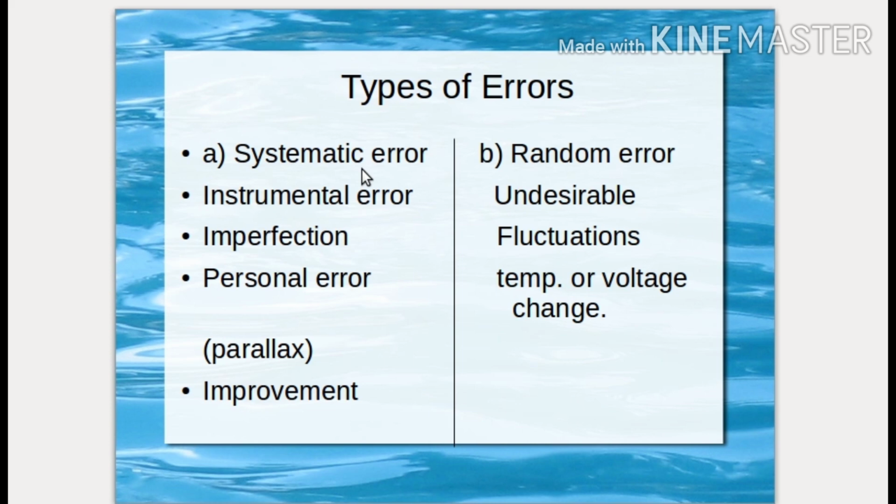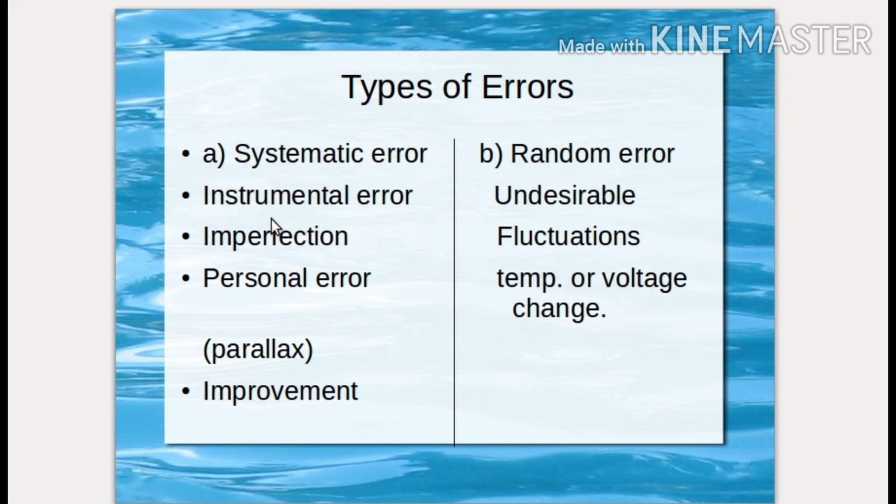Okay, so this name suggests that there is an error in the system. So how many types of system errors? Let us see. Instrumental error. An instrument is a part of the system. So instrumental error, and how does this error occur? The manufacturing company may have made an error in the instrument, and suppose you take that instrument believing that it will measure the true value.